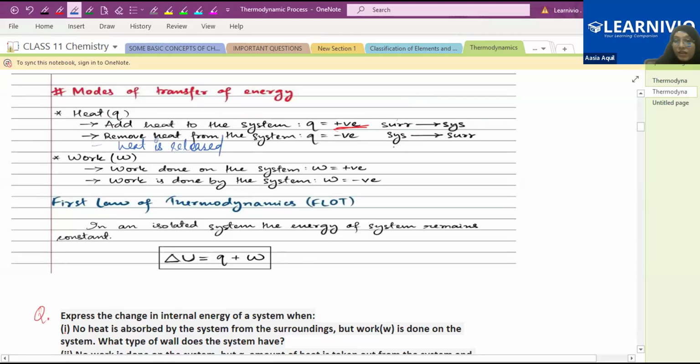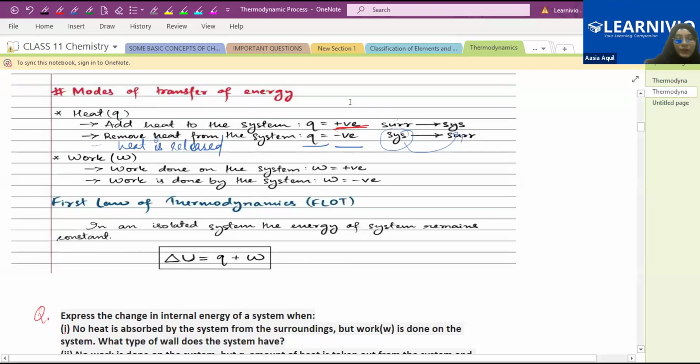It means the transfer of heat or energy is from the system to the surrounding. System से surrounding में transfer हो रहा है. So the value of heat is negative. Got my point?